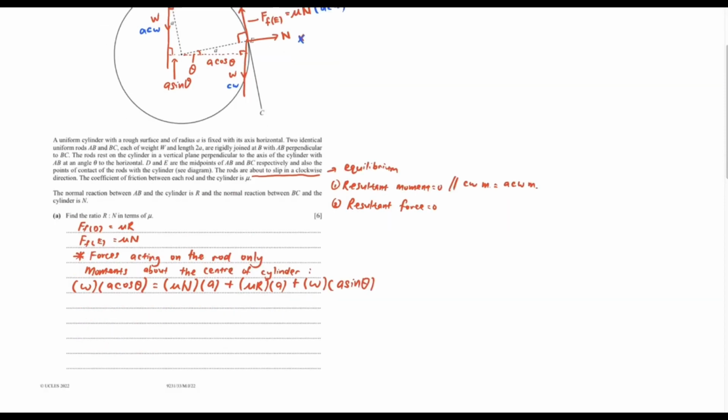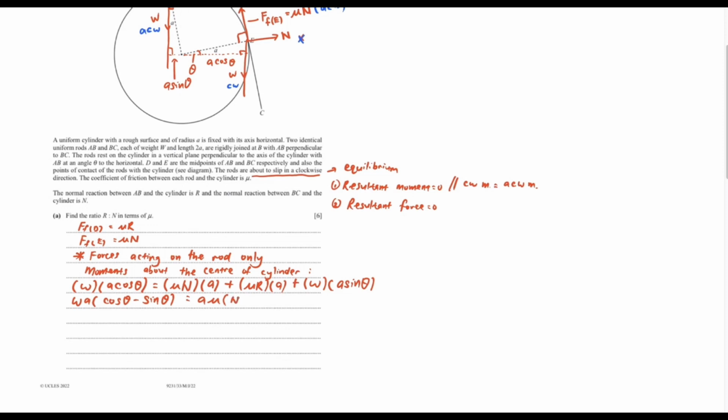Now let's simplify this. I'm going to gather up the terms with W, this one and the one, and put them on one side. Factorize WA, cos theta minus sin theta. And then for these two, I put together and factorize A mu.